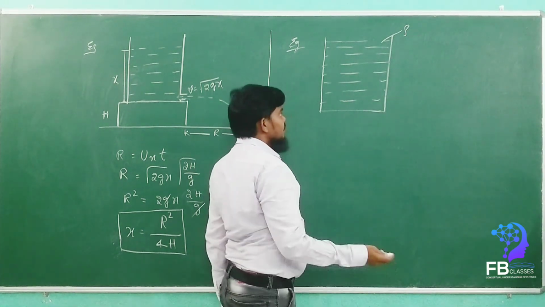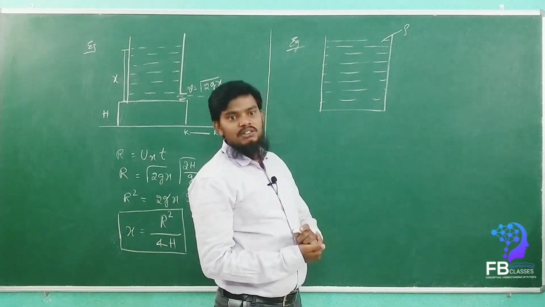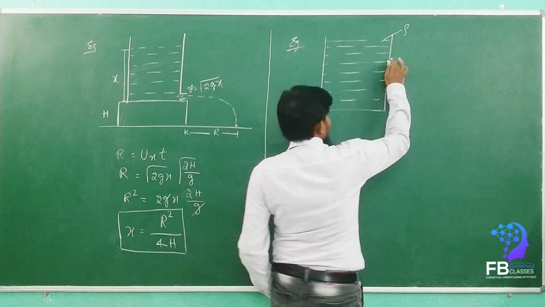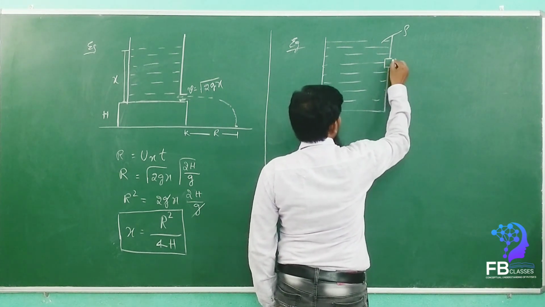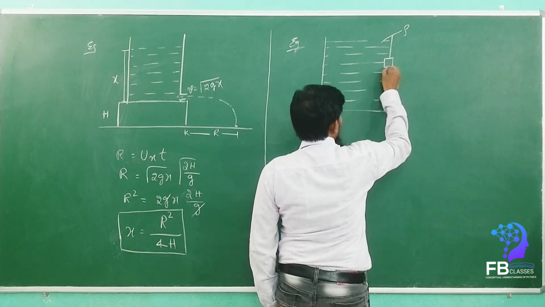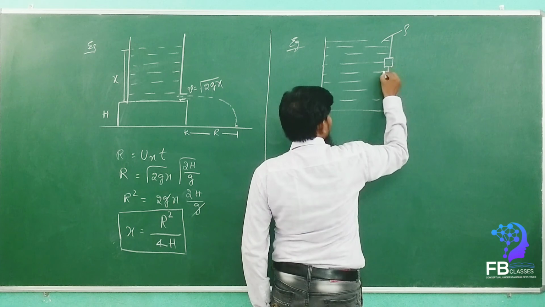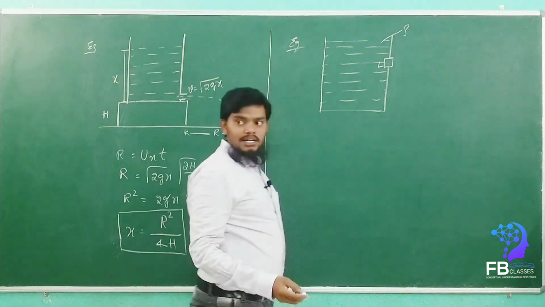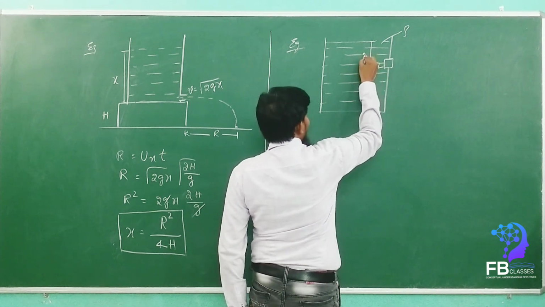He says that there are two holes punched on both sides of the tank. On one side he made a square-shaped hole whose length is L, and he punched the hole at a depth of y.